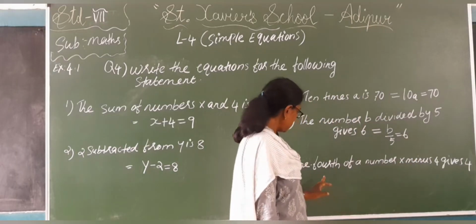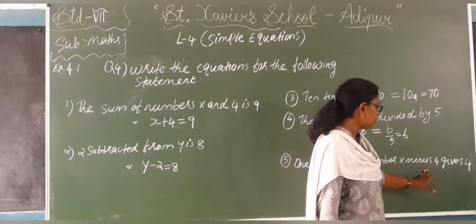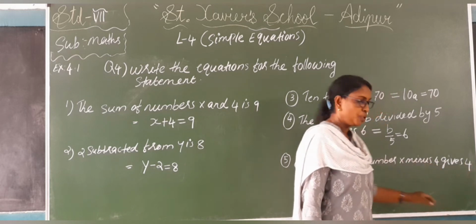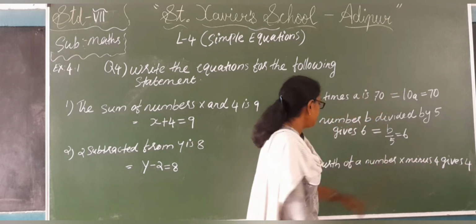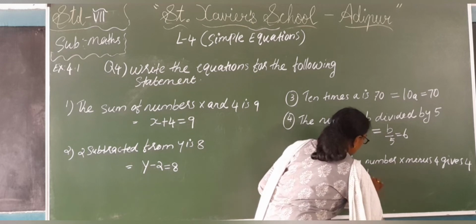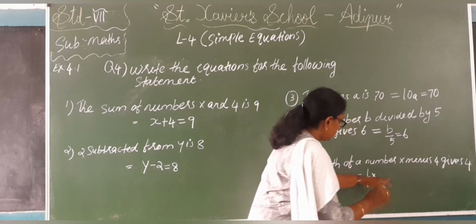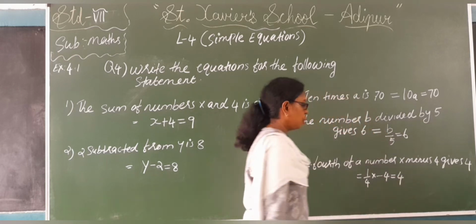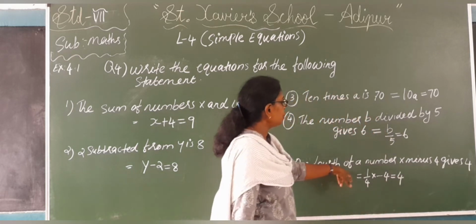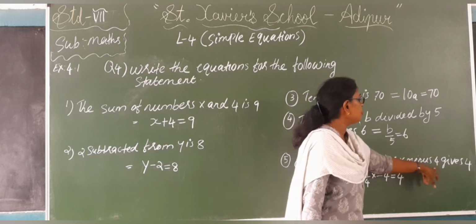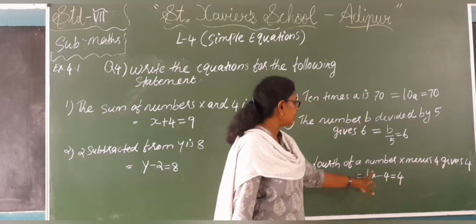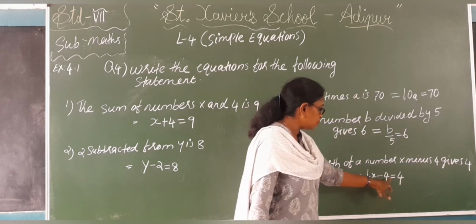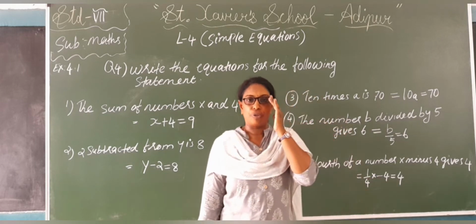Next, 1/4 of a number x minus 4 gives 4. So 1/4 x minus 4 is equal to 4.